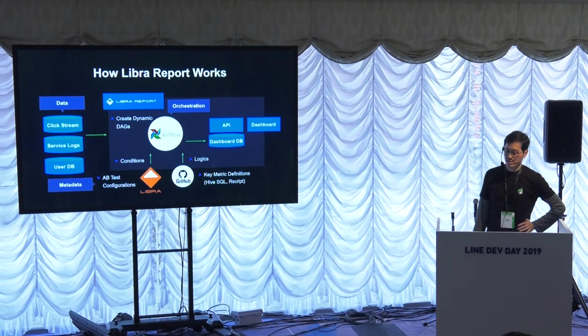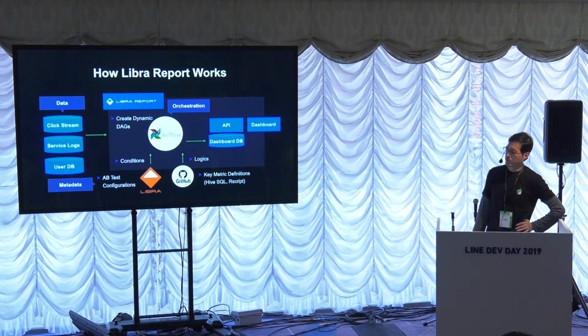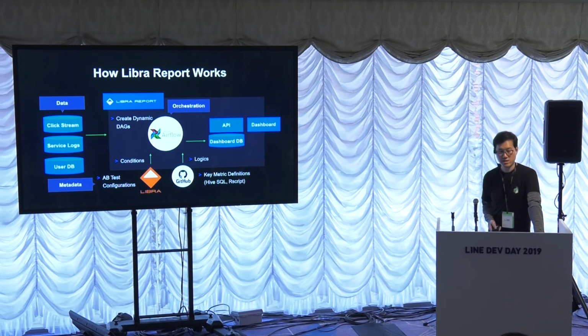The core of Libra report is Apache Airflow, a programmable workflow engine. Libra report creates dynamic DAG using Airflow automatically. Airflow checks Libra to get test metadata, such as which tests are running and what countries are affected, how many users will be targeted.